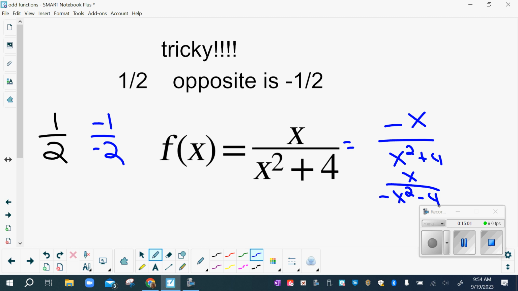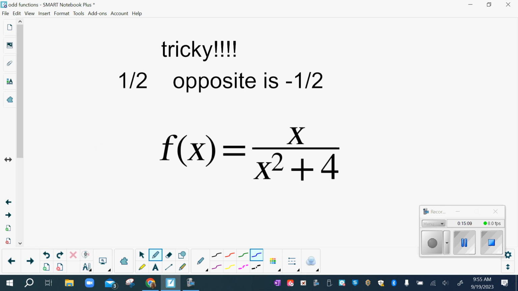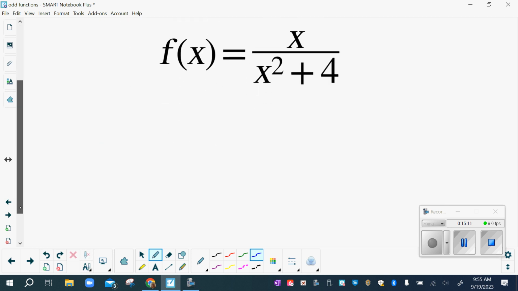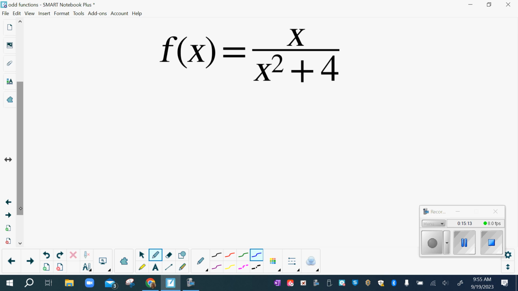I'd like you to do it. I'd like you to figure out what this bad boy is. Is he odd? Is he even? Is he neither? I'm going to tell you right now, he's not neither. Give him a try. I'll move him up here. But this would have been one of those ones where you're thinking, oh, she taught the shortcut.